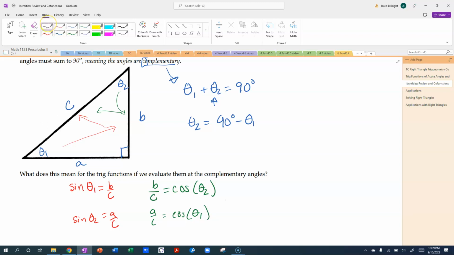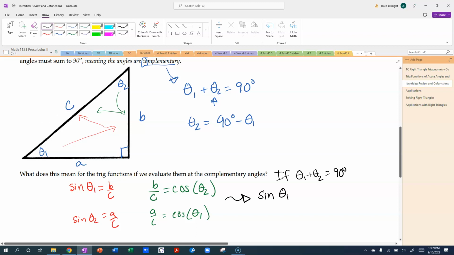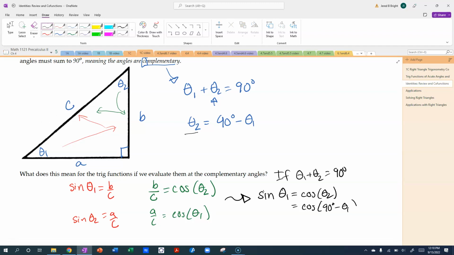Generally, I should make this comment: if theta 1 plus theta 2 sum to 90 degrees, then sine of theta 1 is equal to cosine of theta 2. And similarly, if we substitute in what we saw for theta 2, this would be 90 degrees minus theta 1. All ways to express the same idea, same value.